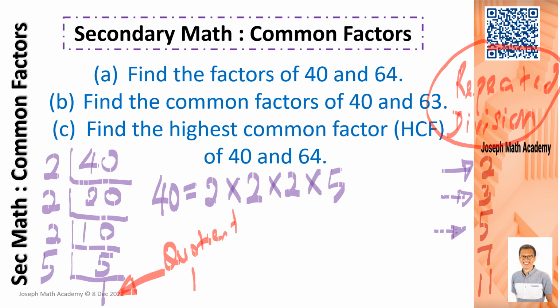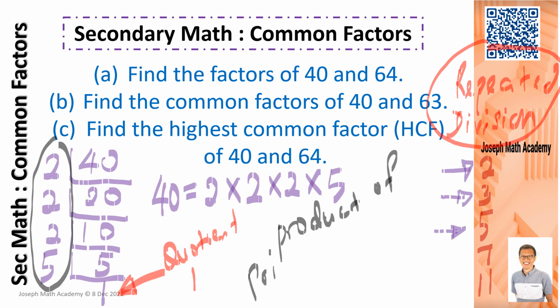I got this list of numbers from here. 2 times 2 times 2 times 5 is 40, and 40 is expressed as the product of its prime factors. So this is called prime factorization. 40 is equal to 2 times 2 times 2 times 5.